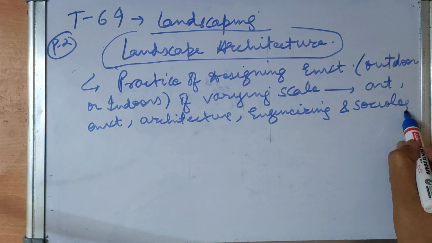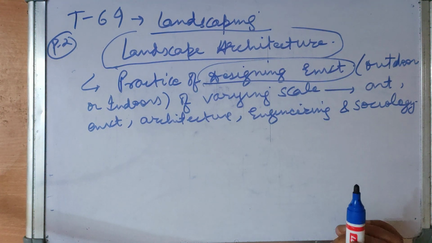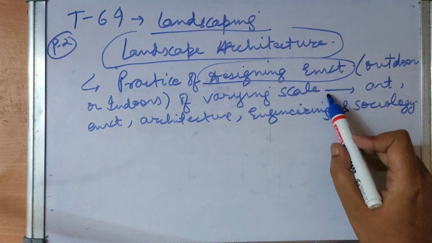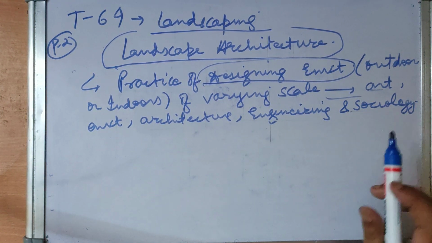So what is in landscape architecture? Designing of environment. We just design environment of varying scale that encompasses elements of art, environment, architecture, engineering, sociology.